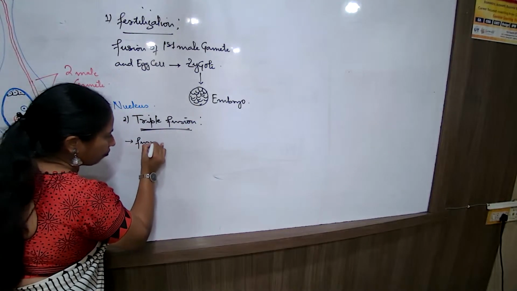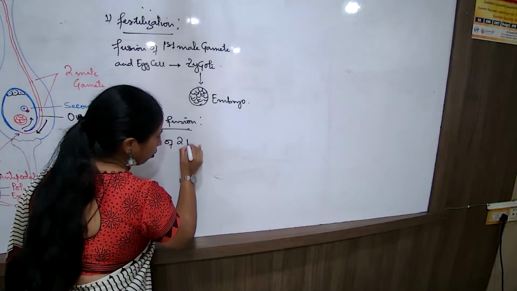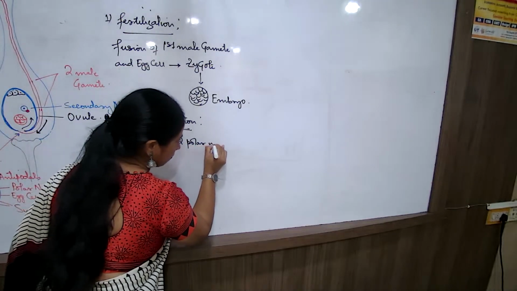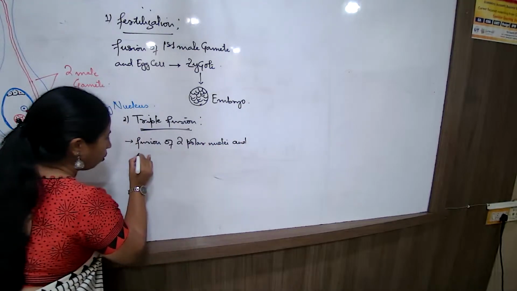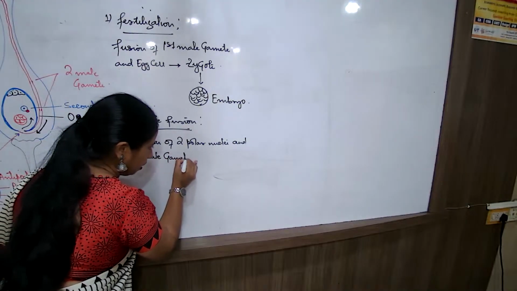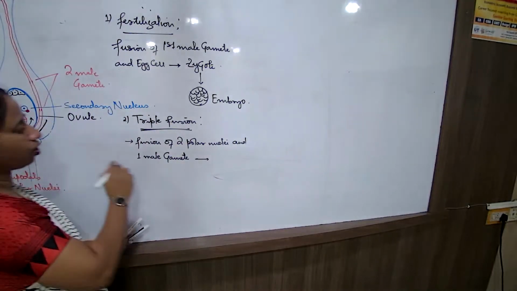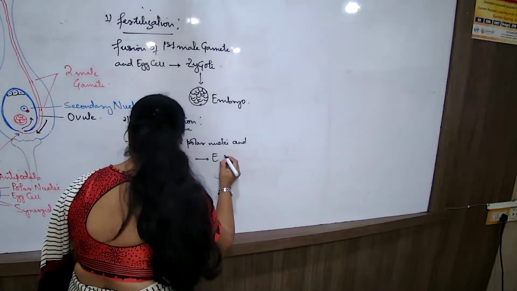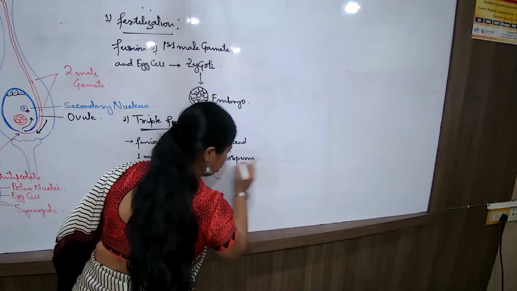This is the fusion of two polar nuclei and one male gamete, resulting in the formation of a single cell, and that single cell is known as the endosperm.